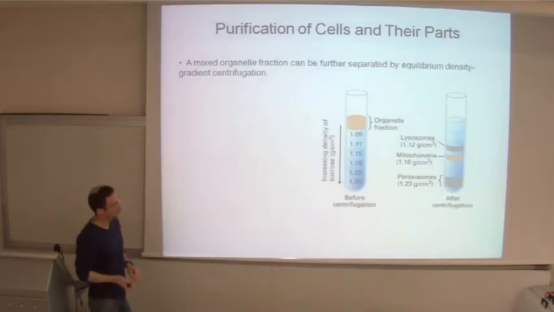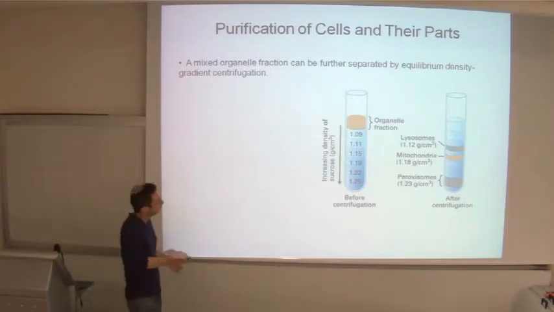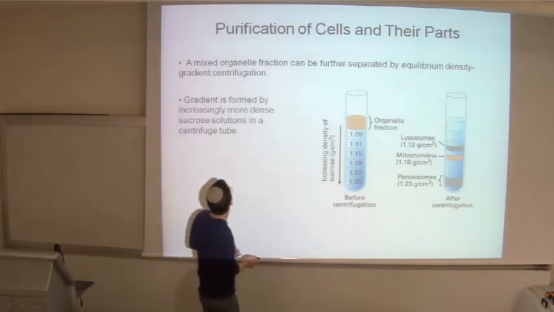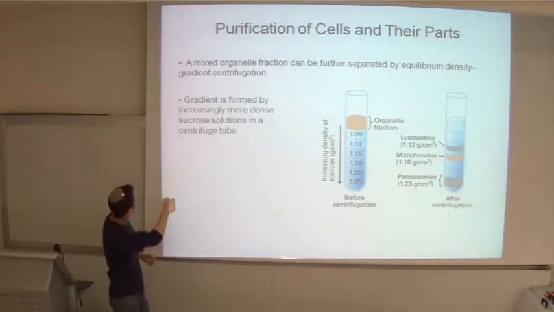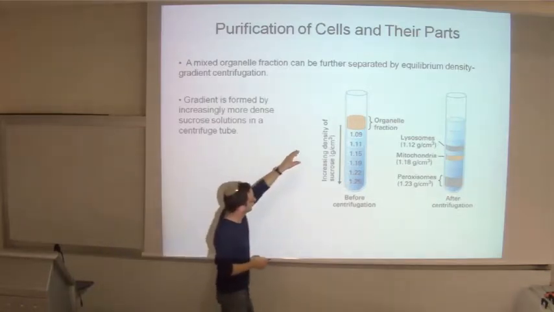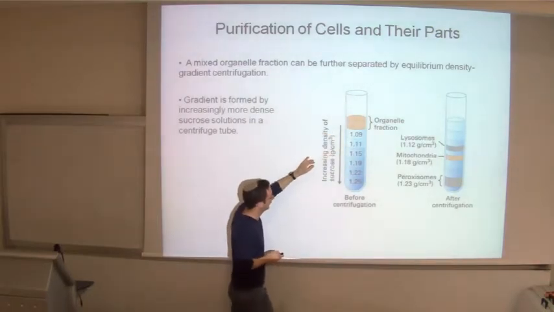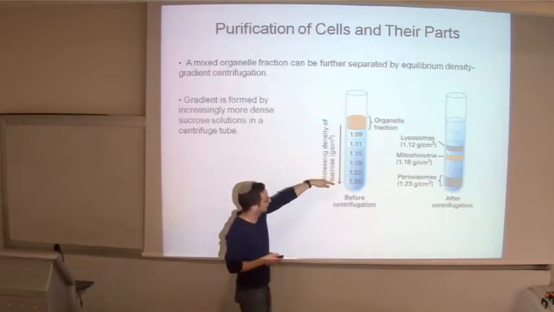And now, as was the case for proteins, a more subtle separation of organelles would be by using a test tube that has glucose. Is it the glucose or the sucrose here? Sucrose. Okay, so it's a sucrose gradient. This test tube, before you load it with your sample, has more and more dense sucrose in it.